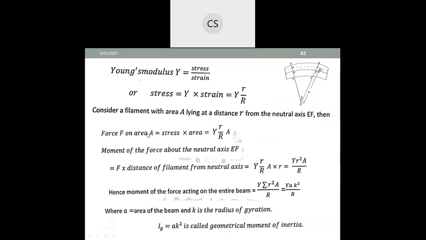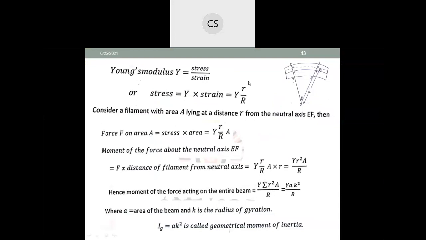That is having area A at a distance small r from the neutral axis. Then capital F is the force on the area A. What is stress? Stress is called force per unit area, or force per area. So rewriting, stress is equal to force per area.